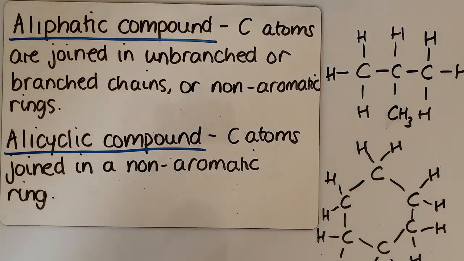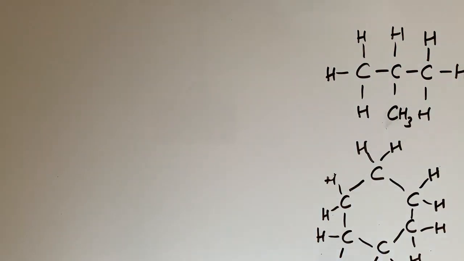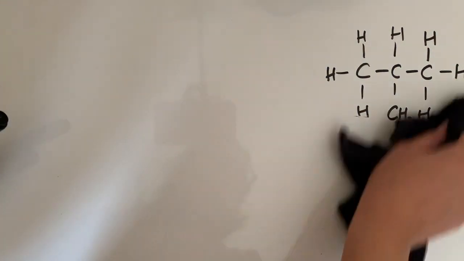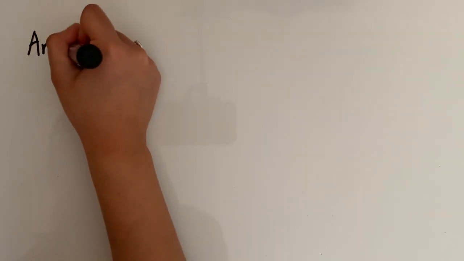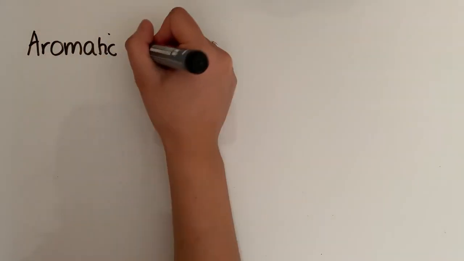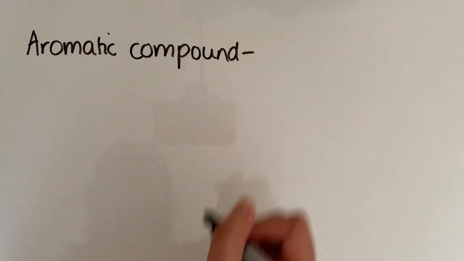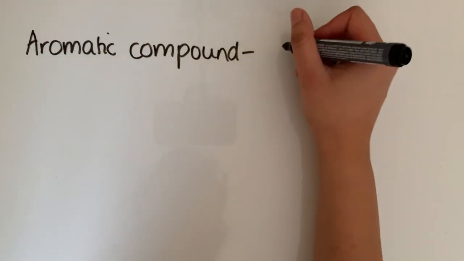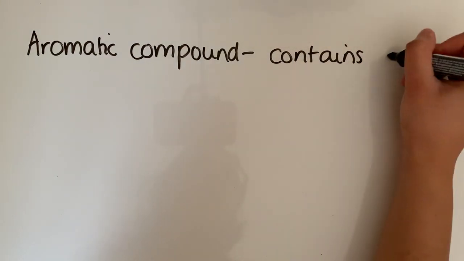So quickly just to mention what we mean by an aromatic ring. An aromatic compound is one that contains a benzene ring. We won't look at benzene rings until second year, but I will just cover what an aromatic compound is. So an aromatic compound is a compound that contains a benzene ring.